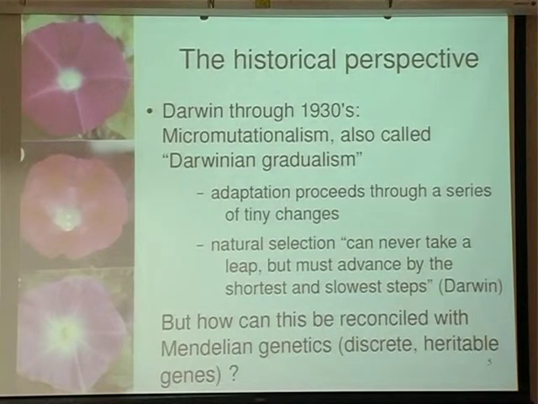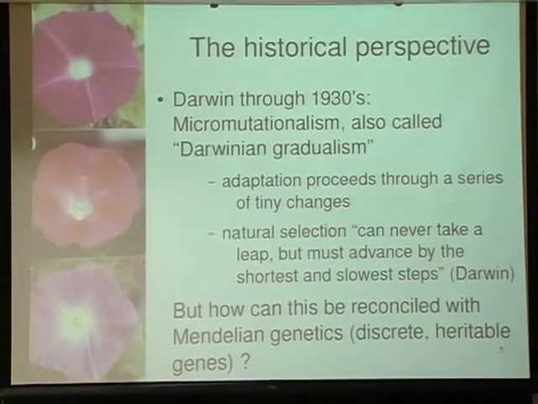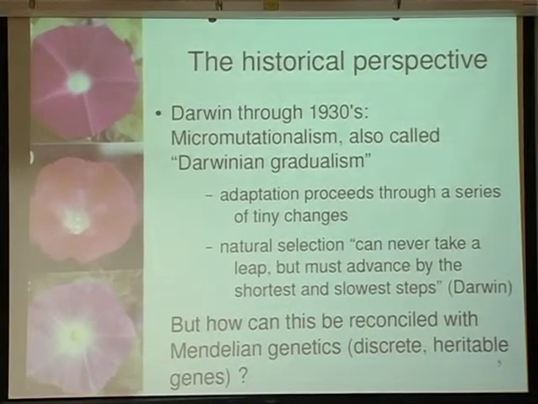There's a nice quote from Darwin: "Natural selection can never take a leap, but must advance by the shortest and slowest steps." And yet it seemed to be a bit of a paradox because in Mendelian genetics we have discrete genes or discrete heritable units, and how can that be reconciled with these teeny tiny steps that adaptation is supposed to work through?